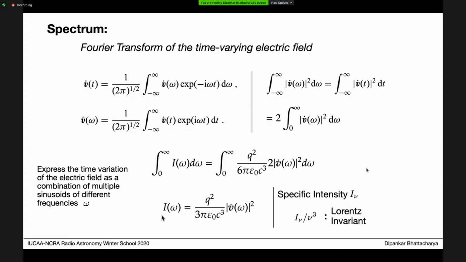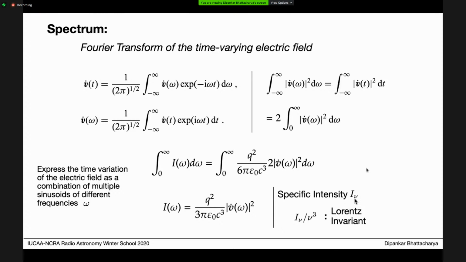And we can make a further definition of energy crossing per unit area, per unit time, per unit frequency band, per unit solid angle, which now also takes into account the direction that the radiation is coming from. Then that quantity is called the specific intensity. It's called I nu. Intensity, which is energy crossing per unit area, per unit time, per unit frequency band, and per unit solid angle.